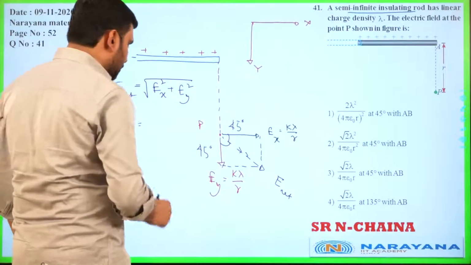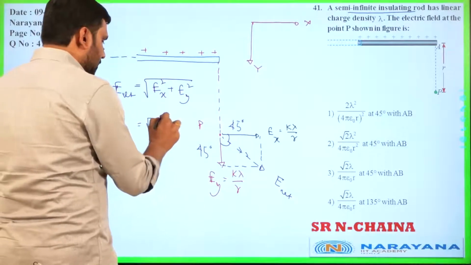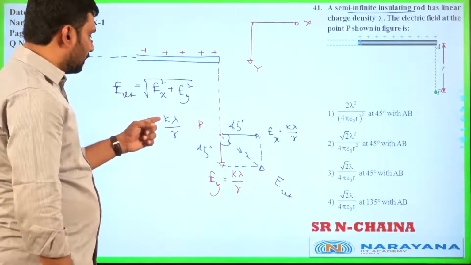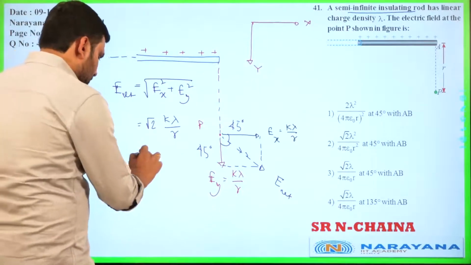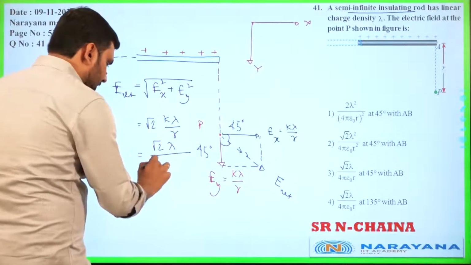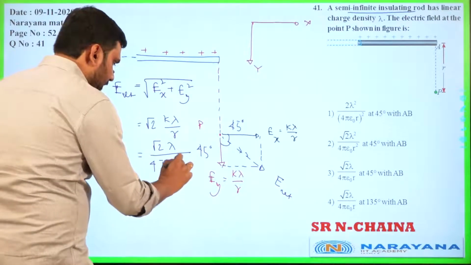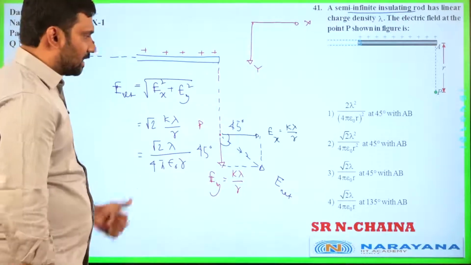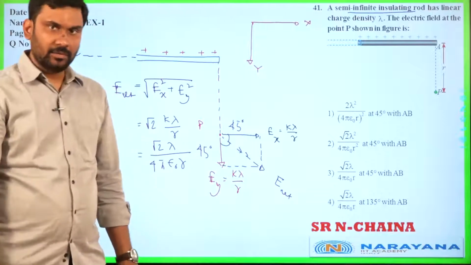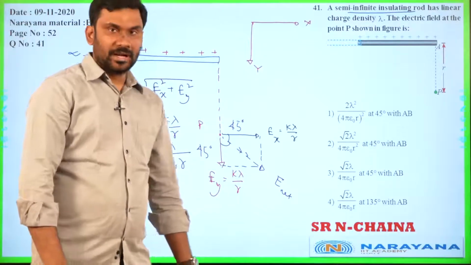Both are of same magnitude, so we can just put root 2 k lambda by r. If you substitute the value of 1 by 4 pi epsilon naught, you can write root 2 into lambda divided by 4 pi epsilon naught r, and that too at 45 degrees. That's it. Clear, no? Fine. Let's move ahead.